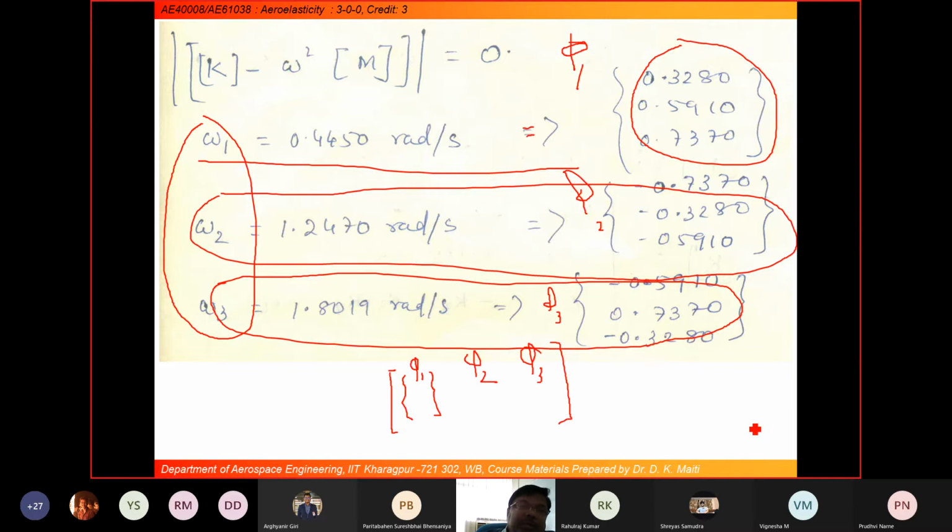As these modal coordinates are orthogonal, the transformation gives off diagonal terms equal to 0, meaning phi 1 transpose into phi 2 will be 0. Or in another way, I will get phi transpose phi equal to the identity matrix.